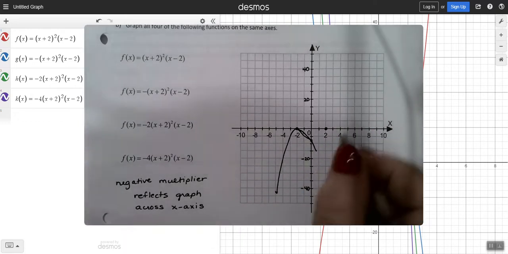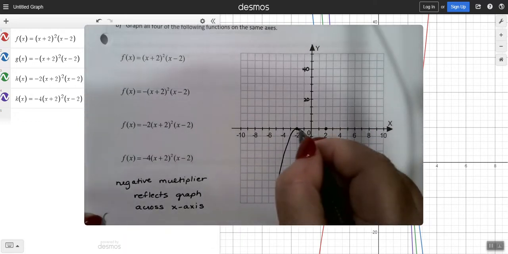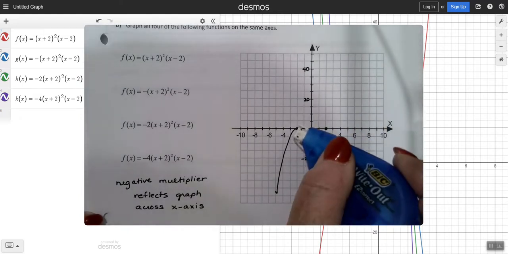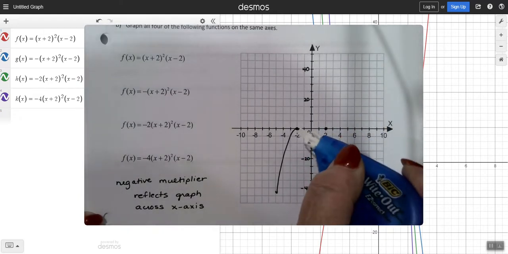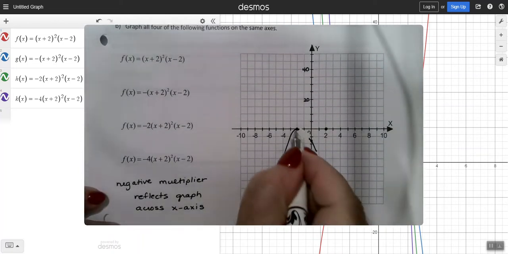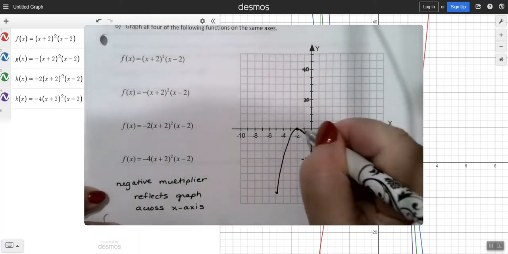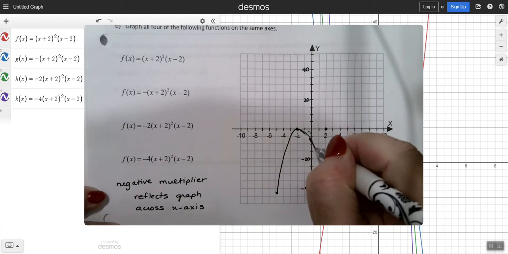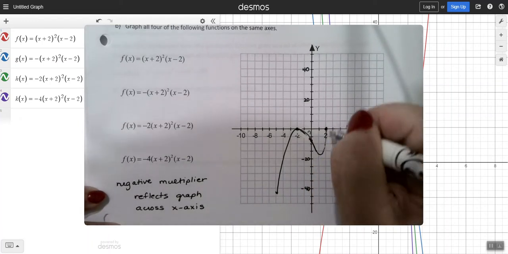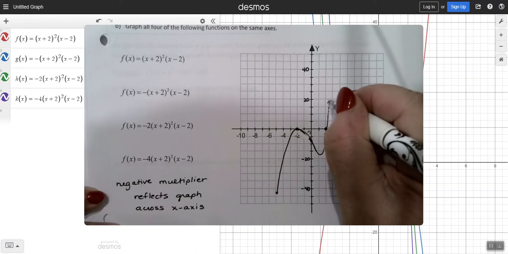Goodness, I didn't draw that very well. Let me try that little piece again. Didn't mean to make quite such a mess out of that. Kind of looked like that.